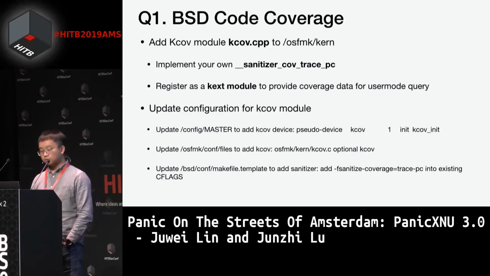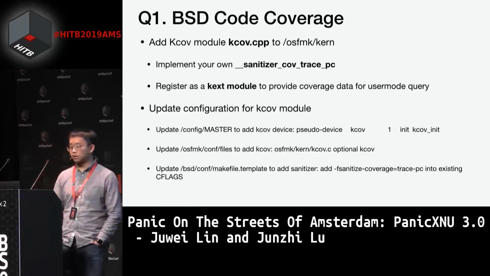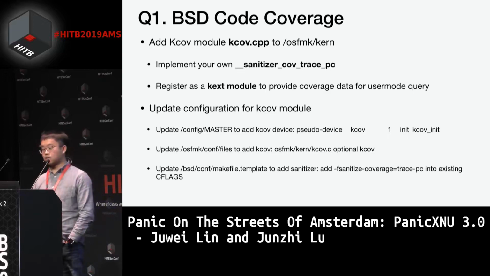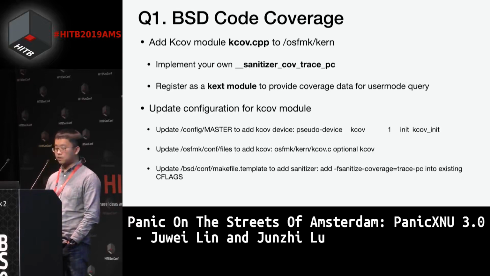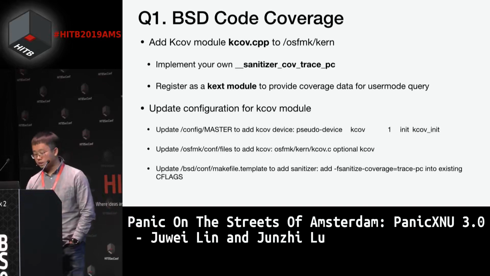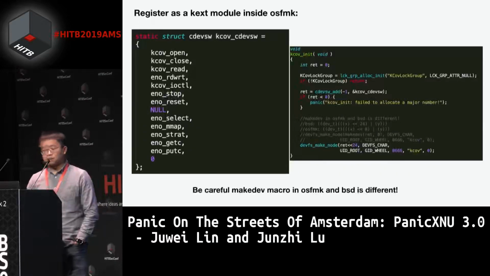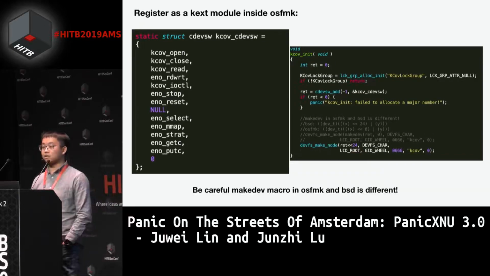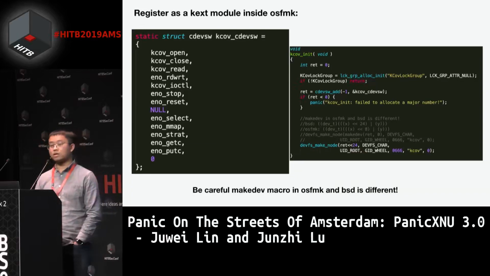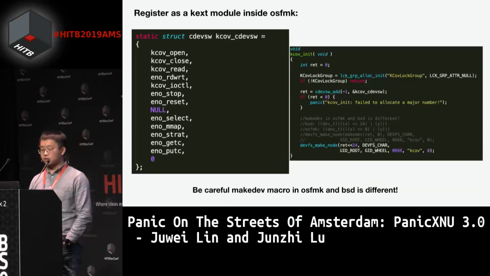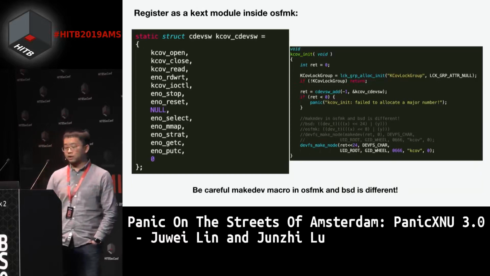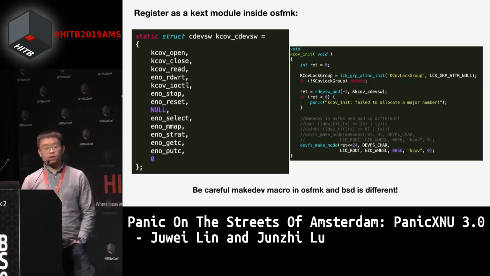In order to compile this module into the current XNU source code, we need to update some configuration files, for example the master file, the files, and the Makefile.template. This is an example of how I register it as a kernel extension module inside OSFMK. It is very straightforward. I implement some functions like kcover open, close, read, and ioctl.